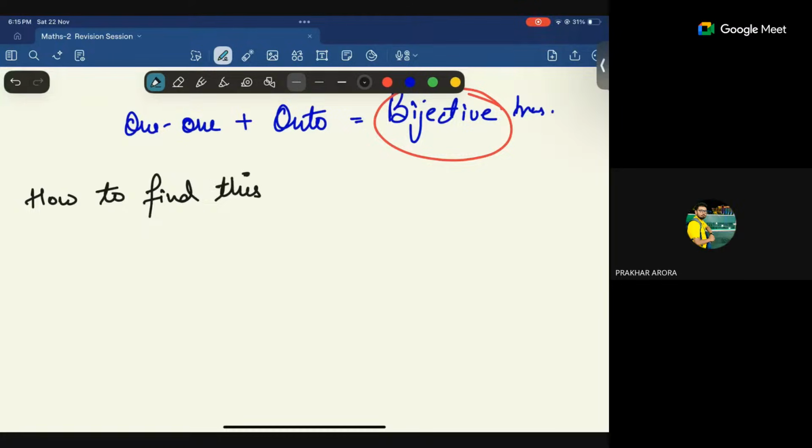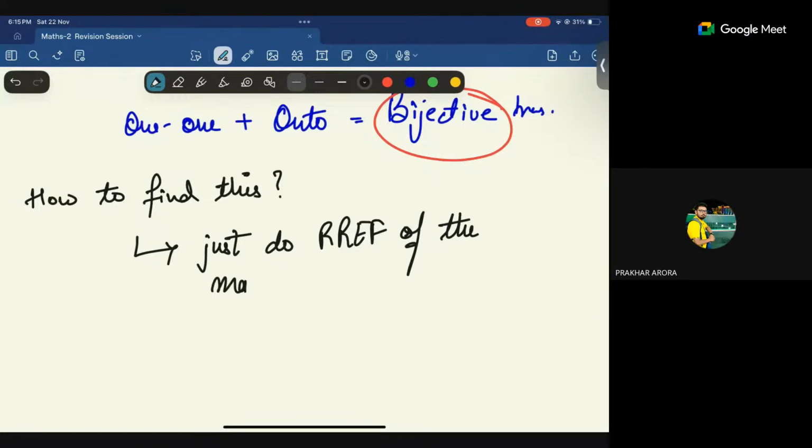I will tell you an extremely simple and extremely quick way to do this. Just do RREF of the matrix. That's it. Just do RREF of the matrix. It is that simple. When you do RREF, the answer is right in front of you.